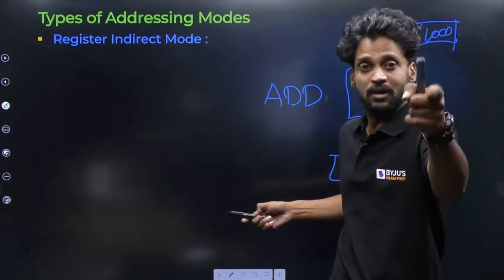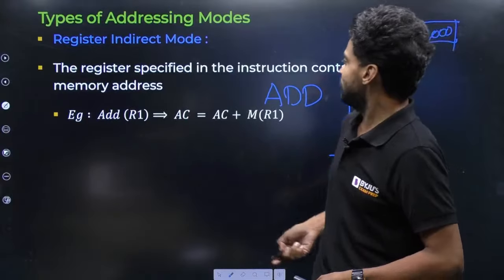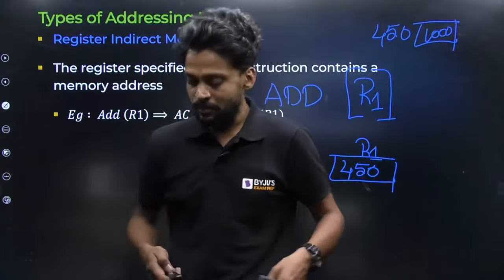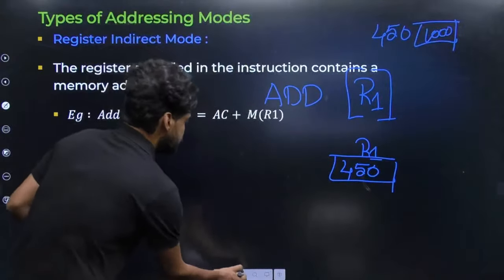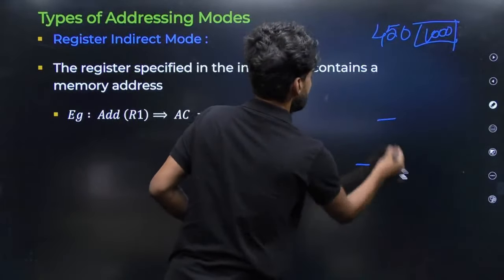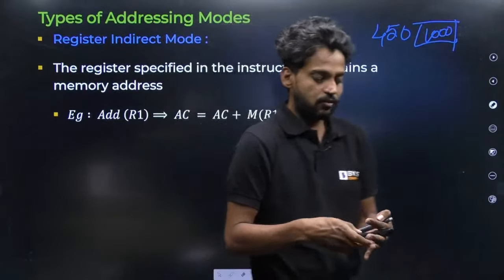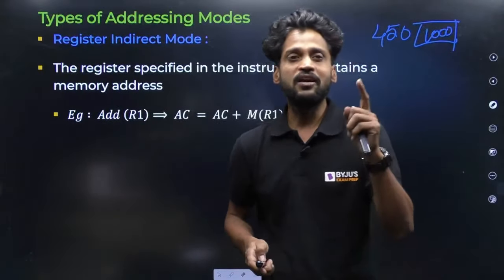Effective address is memory of R1. The register specified in the instruction contains a memory address. That means accumulator is equal to accumulator plus memory of R1. This is how register indirect functions.